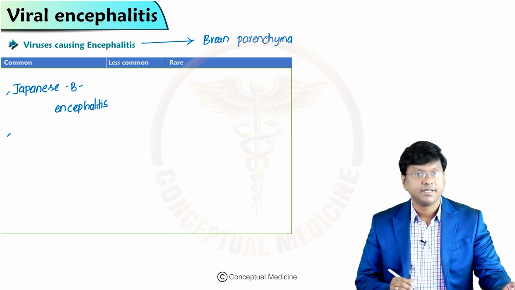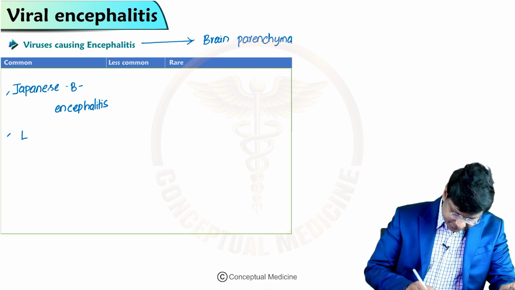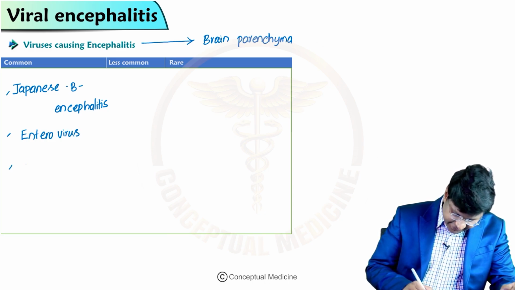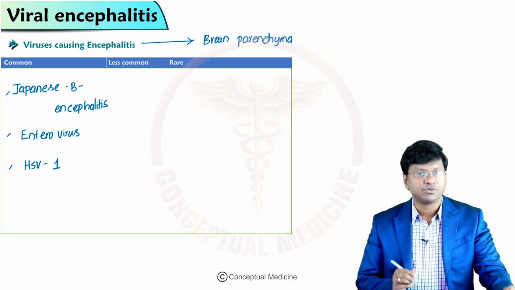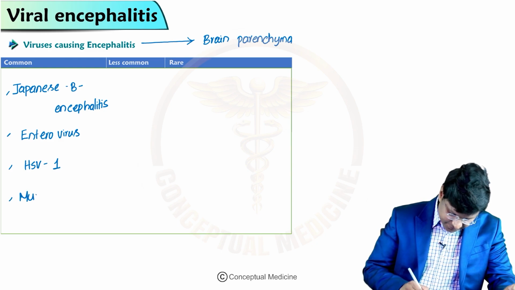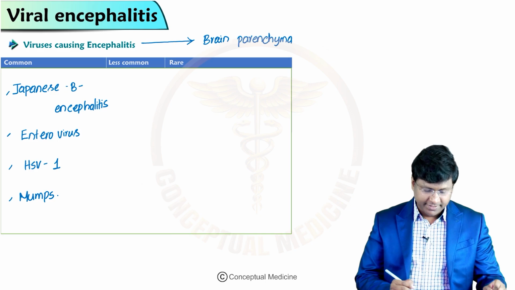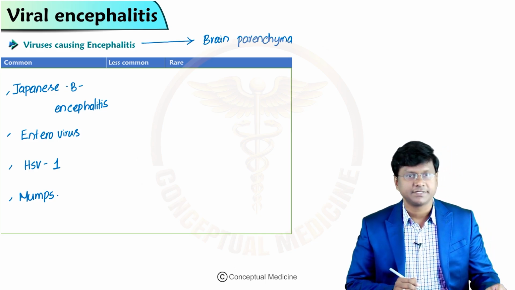Second important virus is the enterovirus, followed by that we have Herpes Simplex Virus 1 and then mumps. So these are the common viruses which will cause encephalitis.